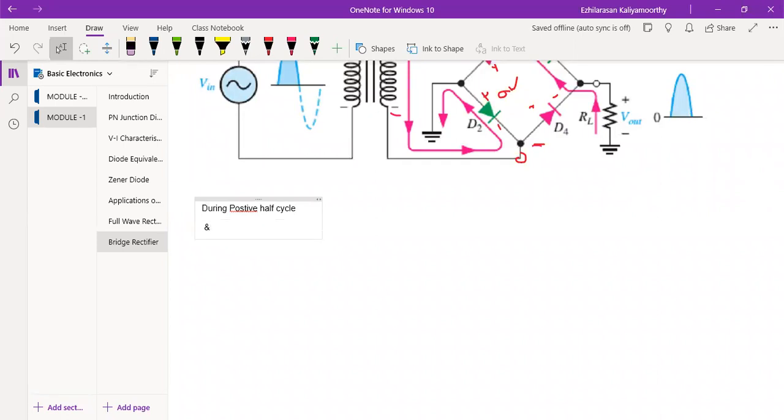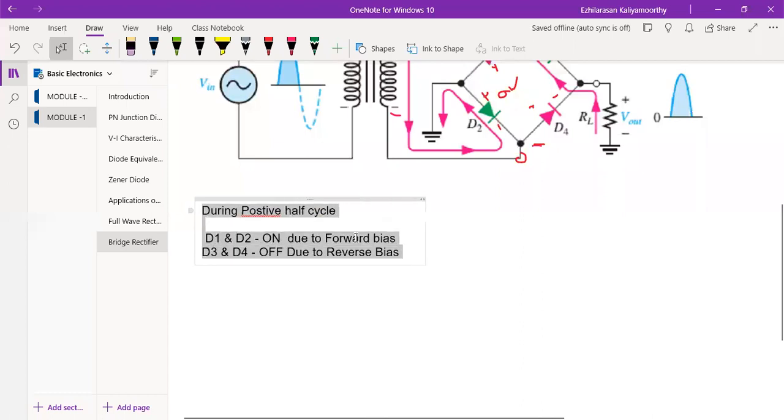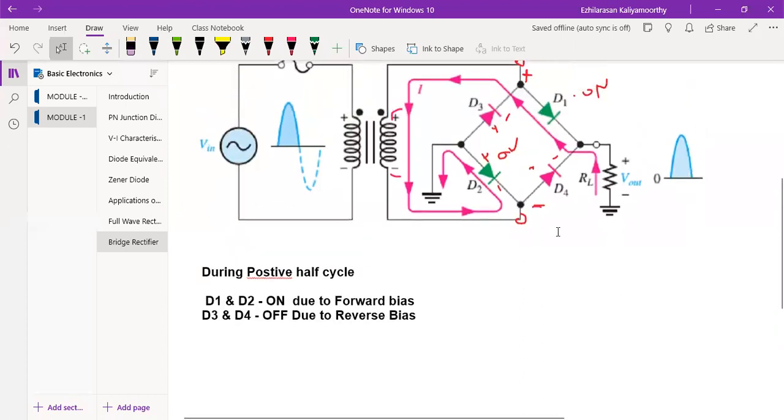D1 and D2 are on due to forward bias, then D3 and D4 are off due to reverse bias. That is during the positive half cycle. Yes, I hope you got it here.